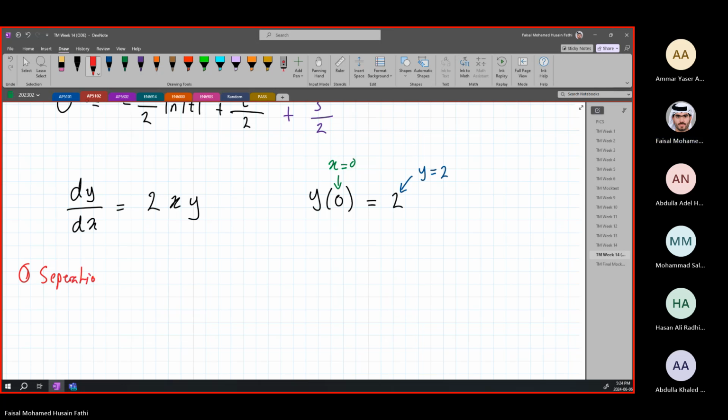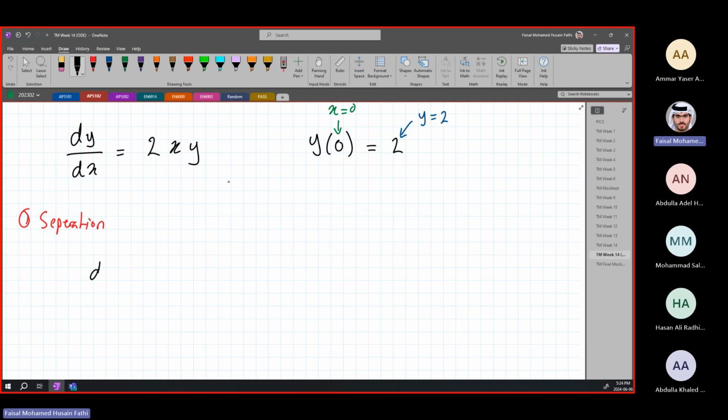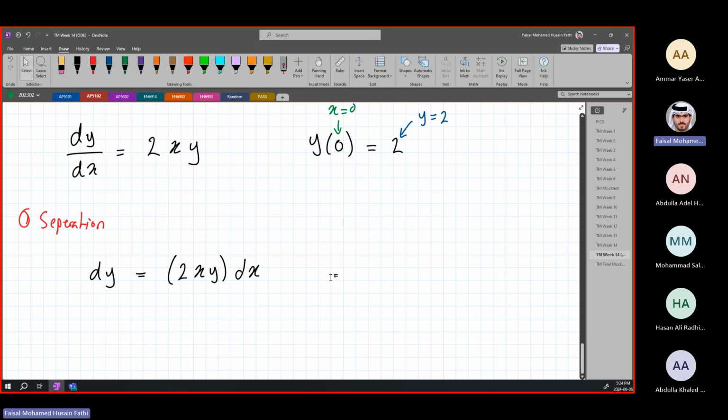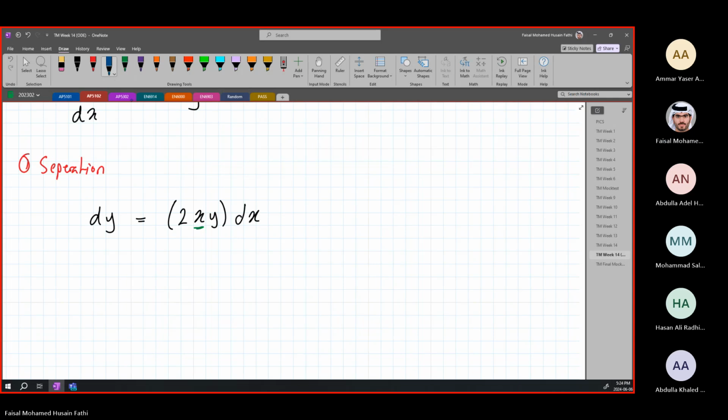So first step is separation. So how do we separate this? dy, we will take the dx to the other side, is equal to 2xy dx. All right? But we are not done here. Yes, dy and dx are separated, but now you need to separate your y from your x. So x has to be separated from y.